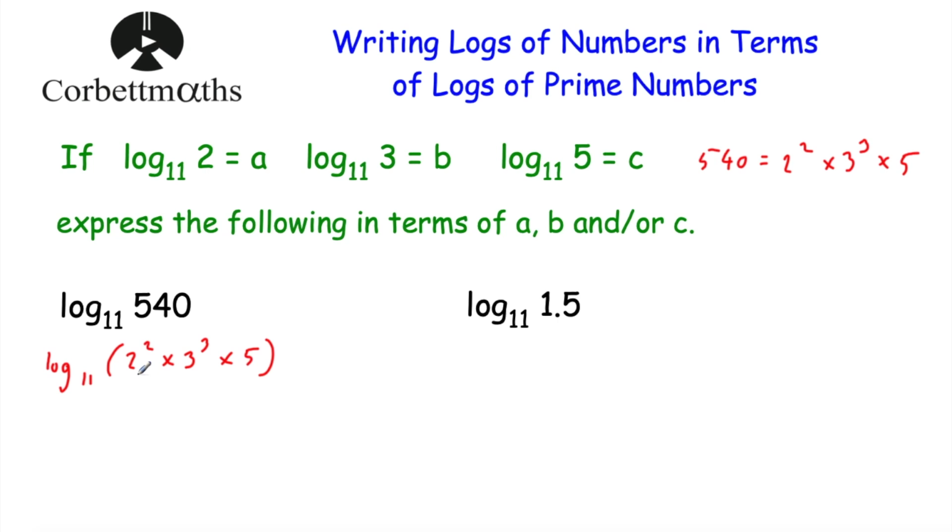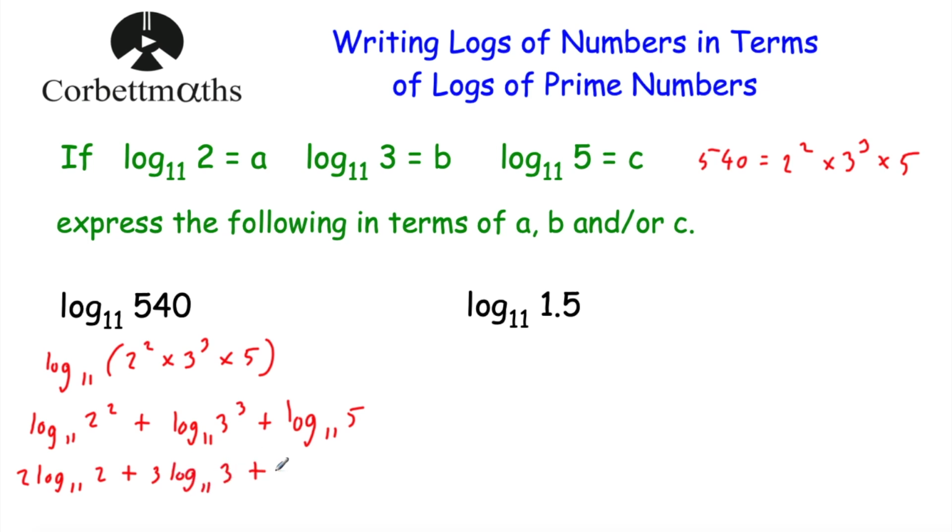Now let's split it up into the individual logarithms. So we've got the log to base 11 of 2 squared plus the log to base 11 of 3 cubed plus the log to base 11 of 5. Okay, now let's bring down the powers. So bringing down the 2 and bringing down the 3, we'd have 2 log to base 11 of 2 plus 3 log to base 11 of 3, and then plus the log to base 11 of 5.